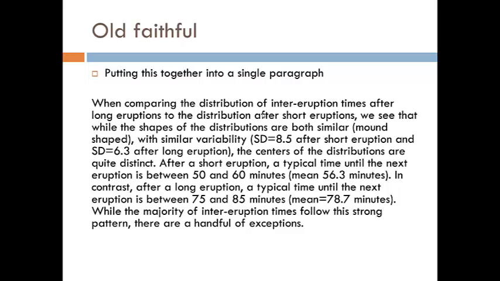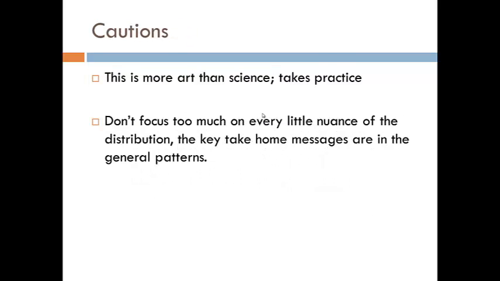After a short eruption, a typical time until the next eruption is between 50 and 60 minutes. The average is 56.3. In contrast, after a long eruption, a typical time until the next eruption is between 75 and 85 minutes, an average of 78.7 minutes. And while the majority of inter-eruption times follow this strong pattern, there are a handful of exceptions.